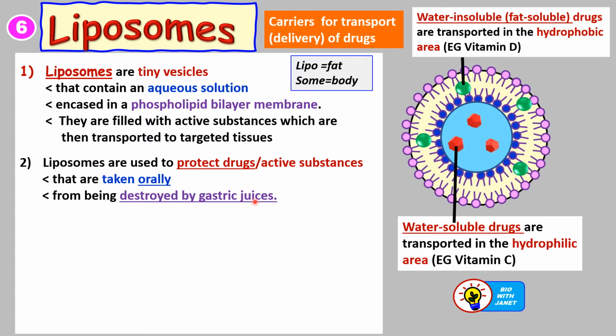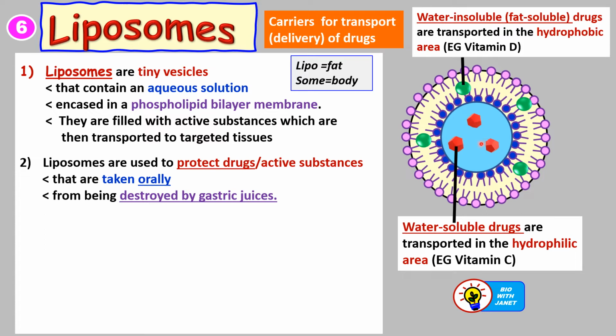These gastric juices have hydrochloric acid that can destroy the drugs, right? That can break down the drugs or damage the drugs. But if they are transported in liposomes, the membrane here can protect the drugs from being destroyed.